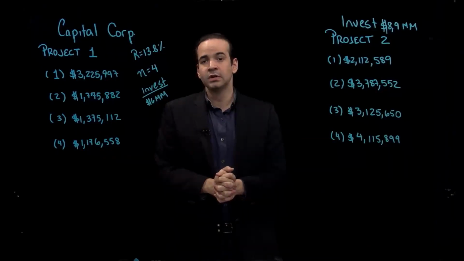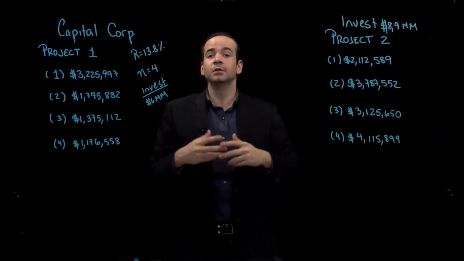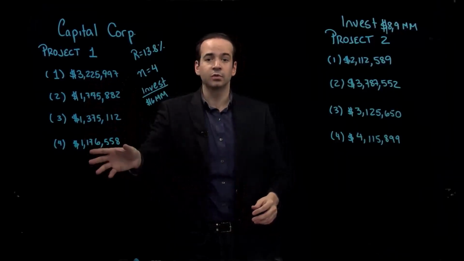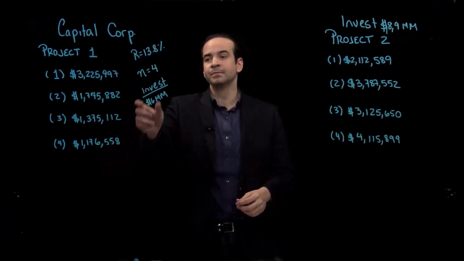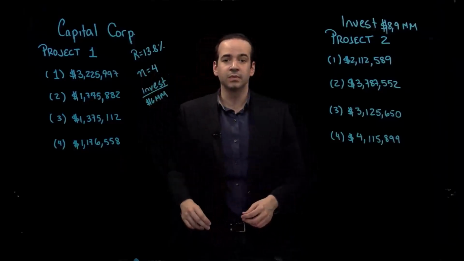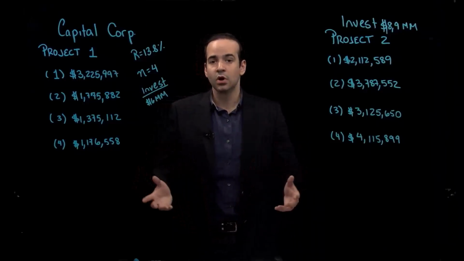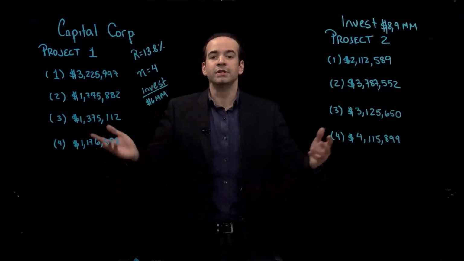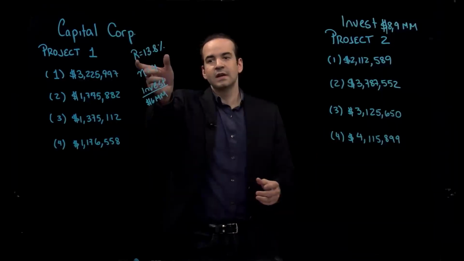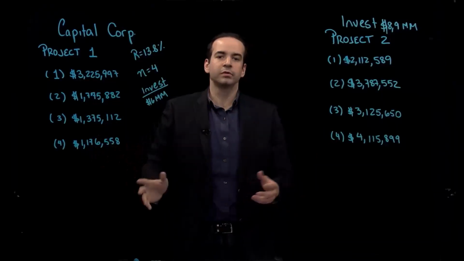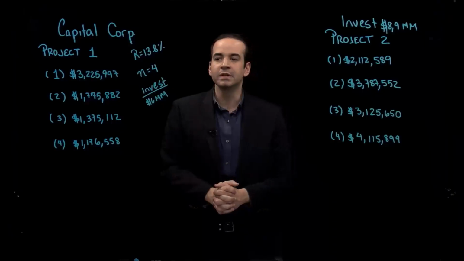For example, we would need to consider different discount rates if one project was taking place in the US and another project was taking place internationally abroad, let's say in an emerging economy. So these discount rates would be different, and there are other settings, of course, in which they would be different.